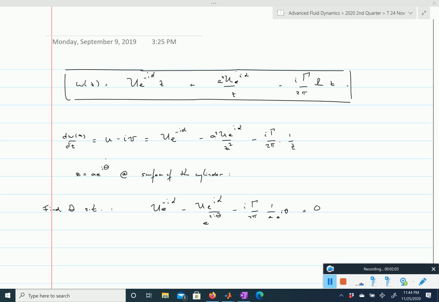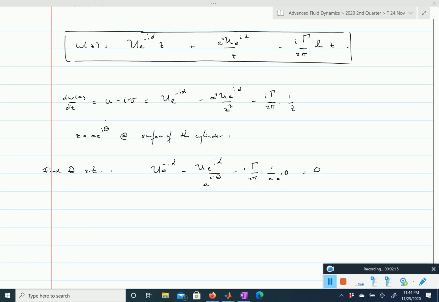Alright, so this is the equation that we have, and we want to find the thetas such that this, which is the conjugate of the velocity at the surface of the cylinder, is equal to 0. So I can simplify this relation a little bit. I'm going to multiply everything by exponential i theta. So I'm going to have U exponential minus i alpha times exponential i theta.